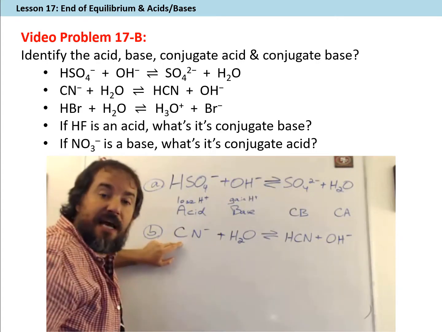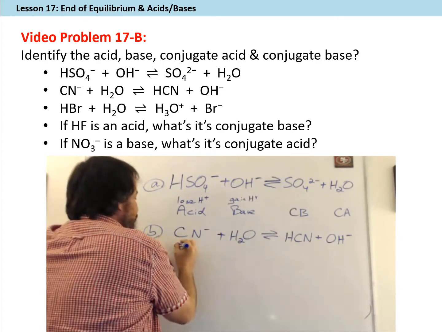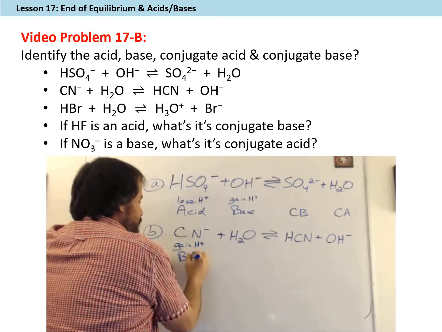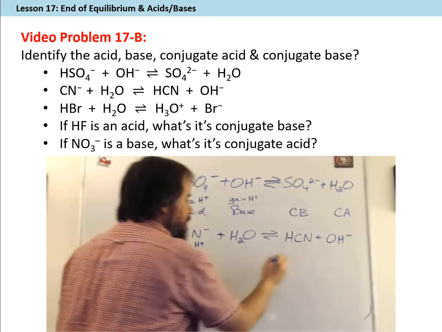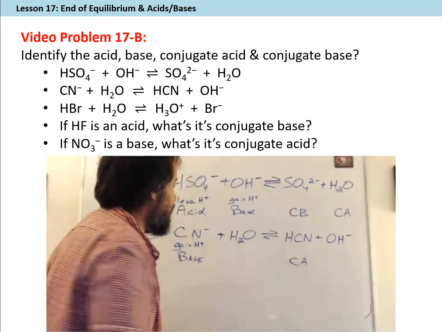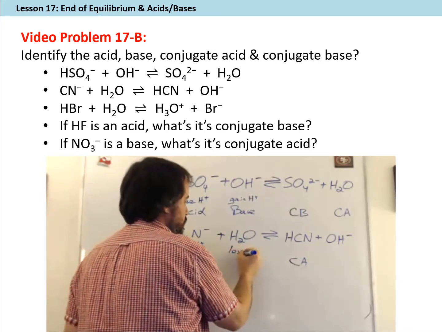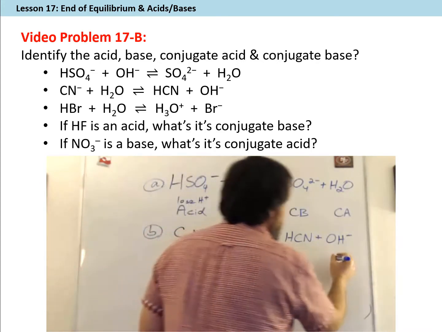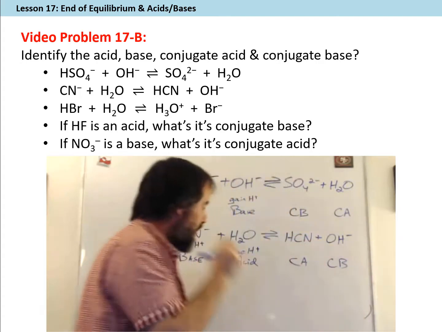To go from CN- to HCN, it has to gain an H+. That makes it a base. And this must be the conjugate acid. H2O loses an H+, so that makes it an acid. Okay? And this must be the conjugate base.